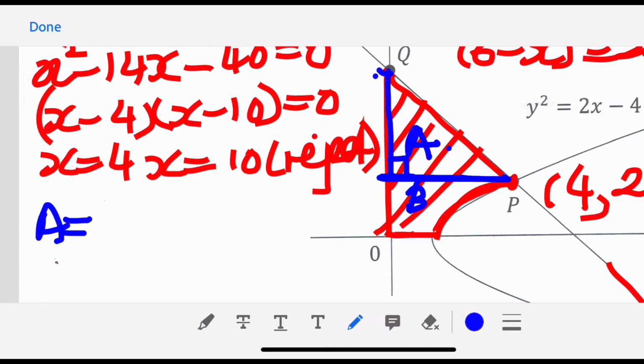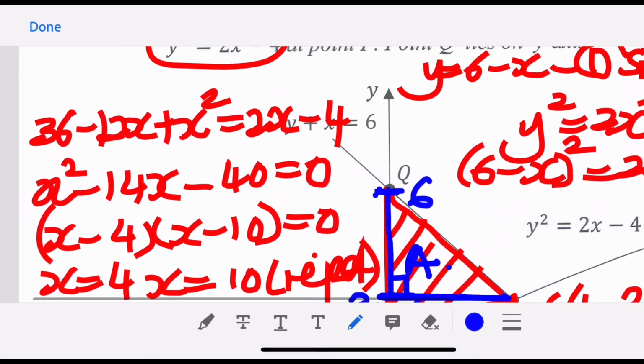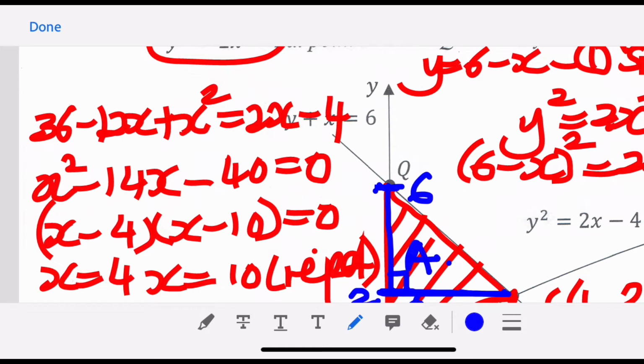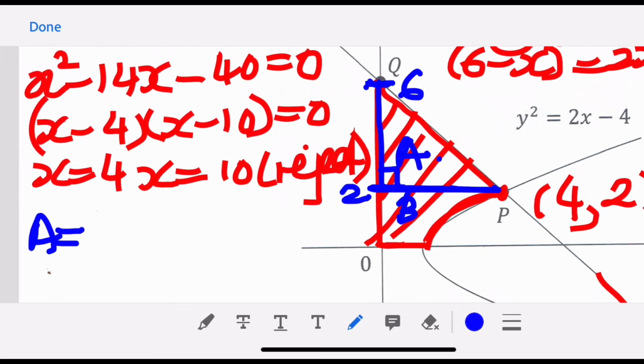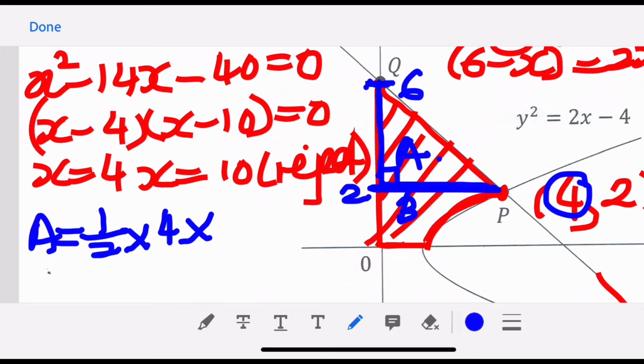We have the 6 here. This is 2. Look at the y: y plus x equal to 6, so when x is 0, y is 6. So we will use 1 over 2, take the base 4, and times the height 4. So we have 2 times 4, which is 8.